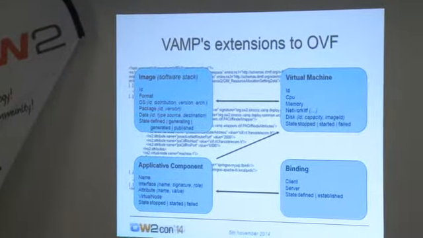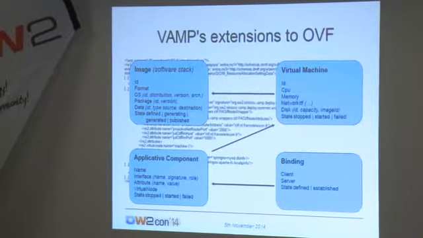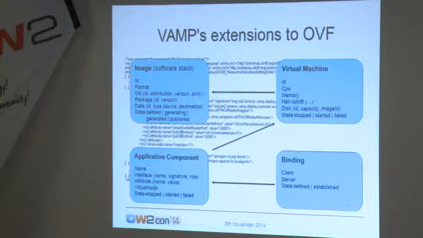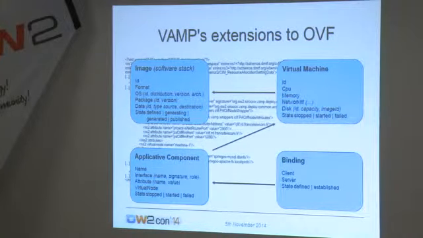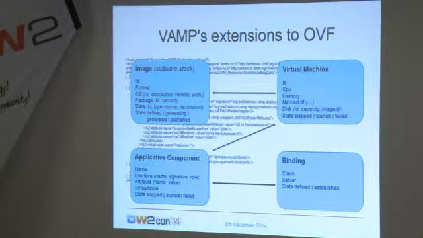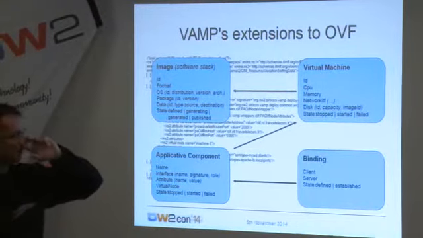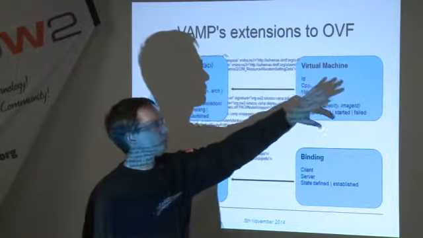Basically, the description of a virtual appliance, or distributed virtualized application, with VAMP is based on OVF, an extended OVF, the Open Virtualization Format, that adds a number of architectural elements. First of all, you have the virtual machines.